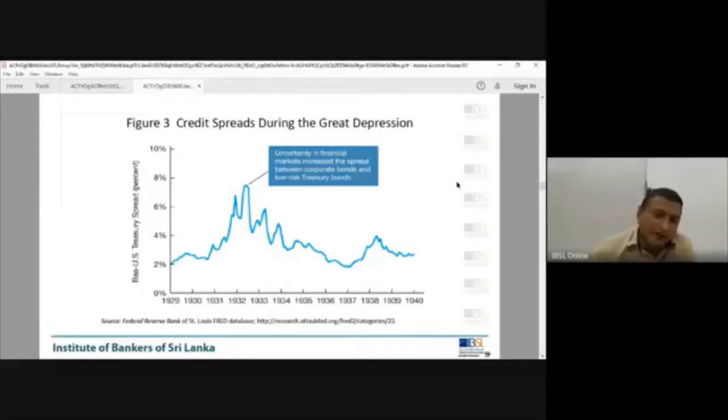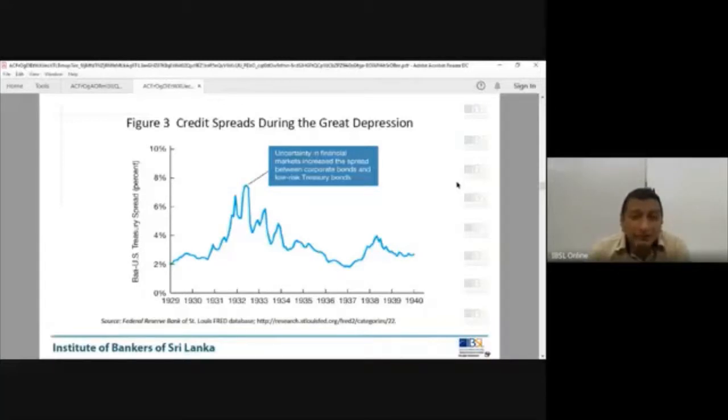So the spreads of BAA rated versus the US Treasury have peaked to almost 8% by mid 1932 to 1933. Okay, it was generally around 2%. So if the US Treasury is 4%, BAA rated assets are costing only about 6% under normal circumstances.